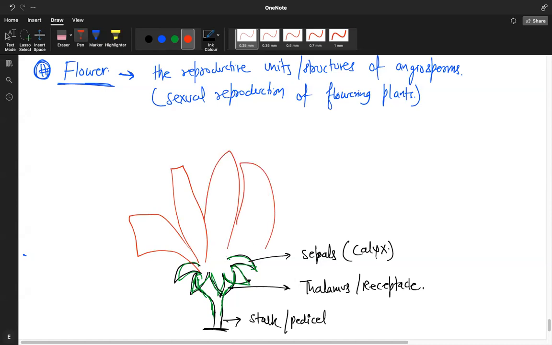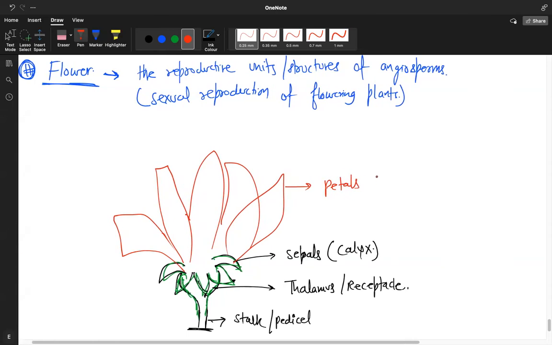You understand what I'm making basically? I'm so sorry for making this kind of a flower, but they are called petals. And biologically they are known as corolla.